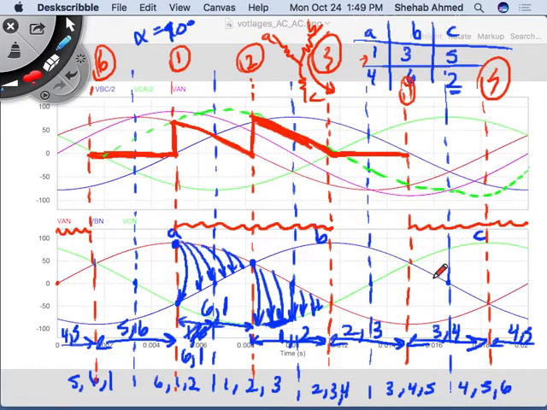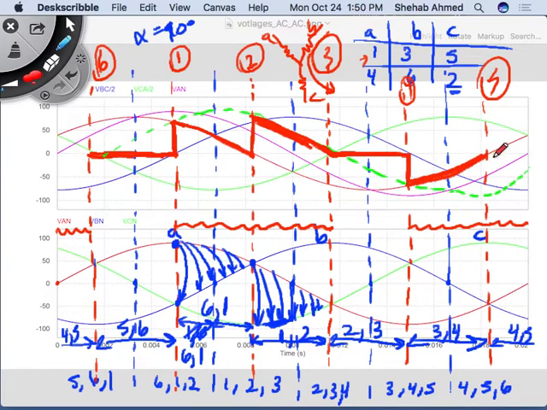So what do I have? 3 and 4. 3 and 4, AB. So it's AB but with a negative sign. So 3 and 4 is like BA, right? Which is AB with a negative sign. So it's actually the AB waveform but in its negative half cycle.